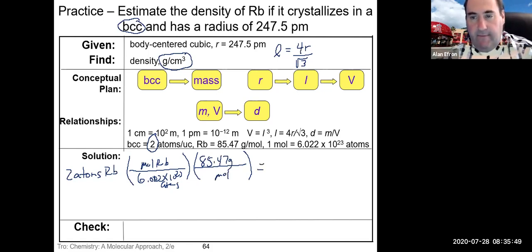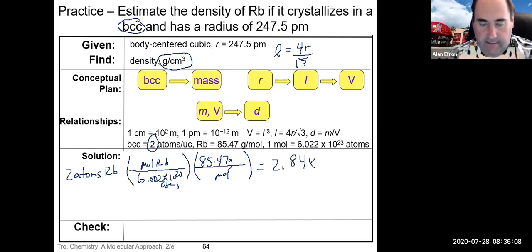And it looks like if you do that there, you are going to get 2 divided by 6.022 times 10 to the 23 times 85.47 gives you 2.838. We'll call it 2.84 times 10 to the minus 22 grams. So again, this is the grams part that we need for the grams per cubic centimeter.